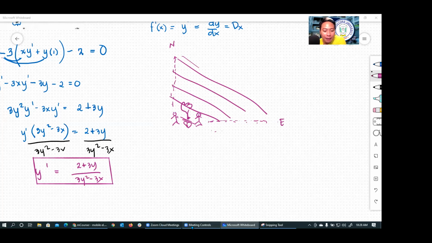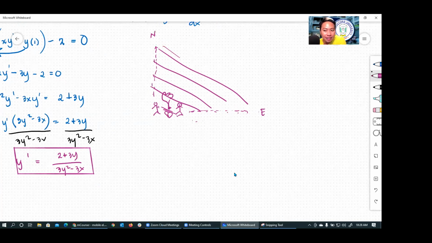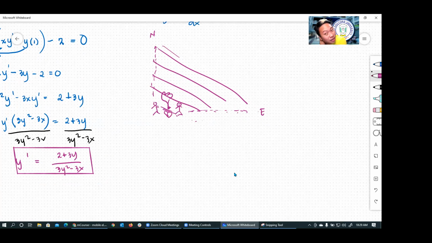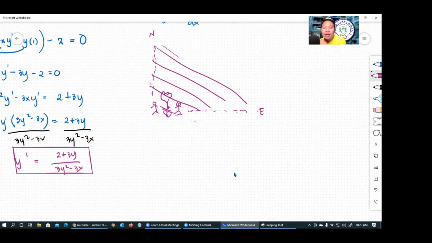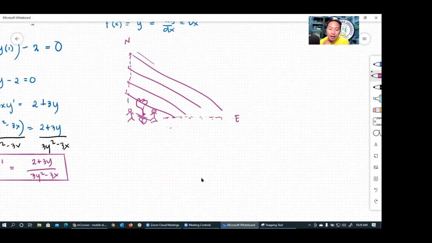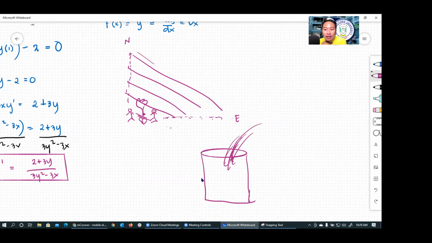Just to give you an example, in your physics 1 and 2 or chem, you mix things in a beaker or container, and you pour liquid with a certain velocity and volume. The liquid rises from the empty glass, and the question is how fast the water level rises as you keep pouring water.